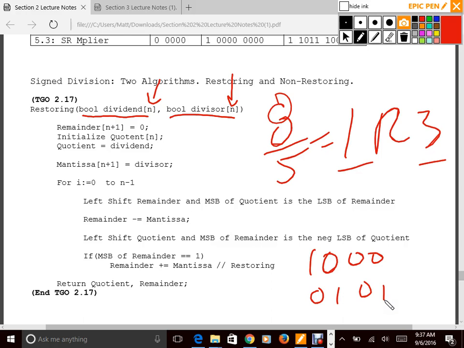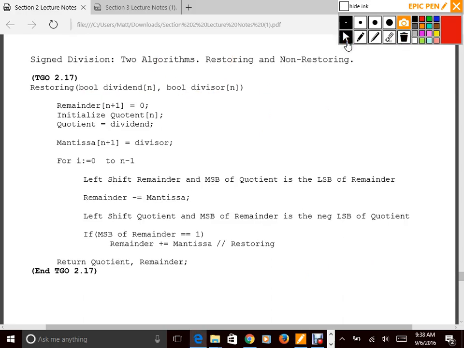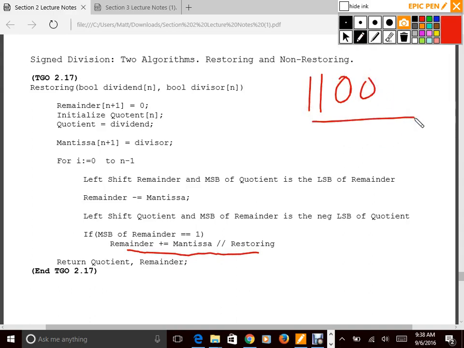So what we're going to do is a bit shift, then a subtraction, and then if we have a 1 as the most significant bit, we're going to do something called a restore. That means at that stage we have a remainder that starts with a 1.